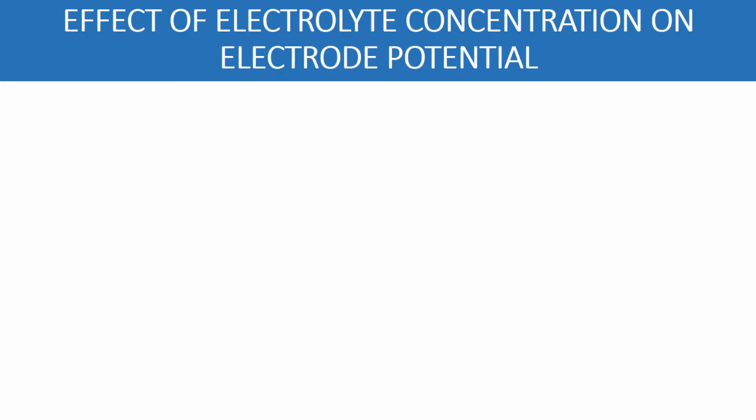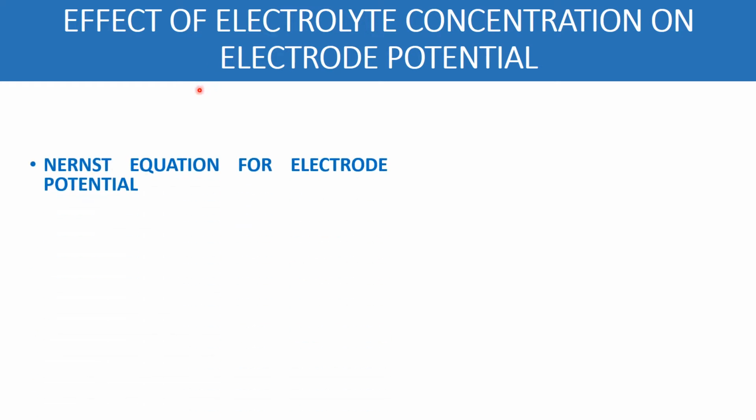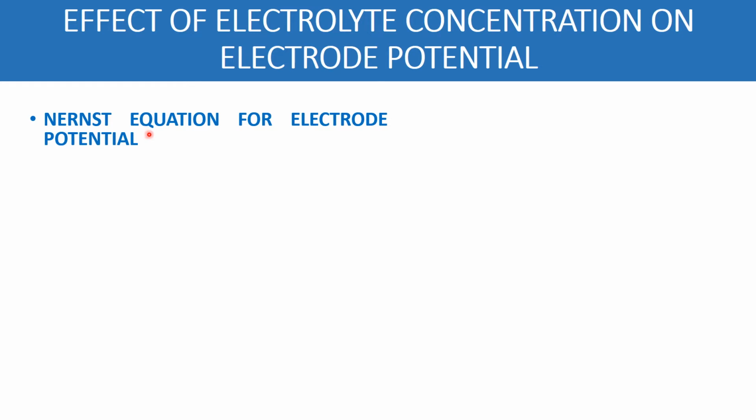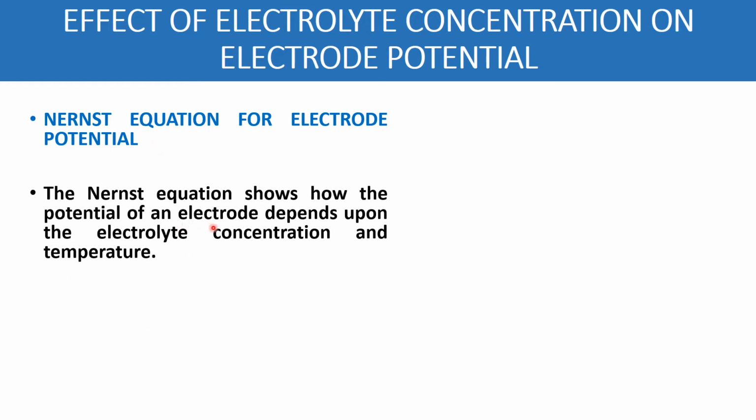Effect of electrolyte concentration on electrode potential is given by the Nernst equation for electrode potential. The Nernst equation shows how the potential of an electrode depends upon the electrolyte concentration and temperature.